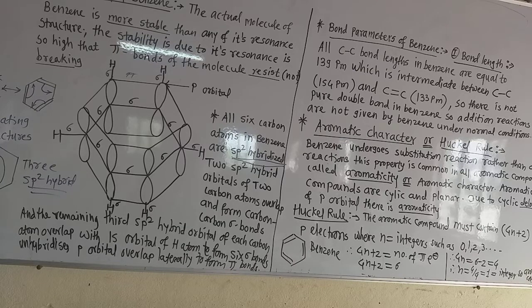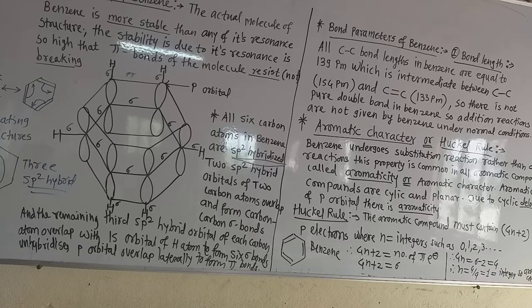He said that if there are 4n plus 2 pi electrons or p electrons in the ring, then that ring is aromatic, like the benzene ring. Here n is any integer starting from 0, 1, 2, 3.